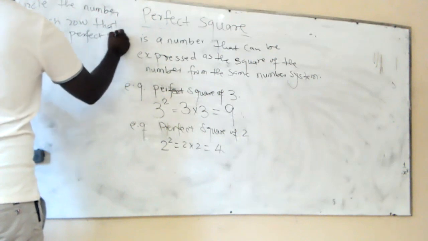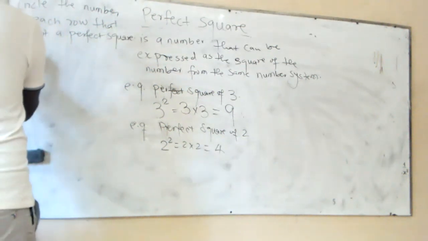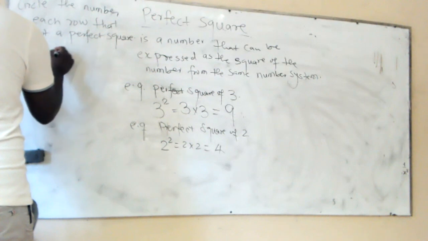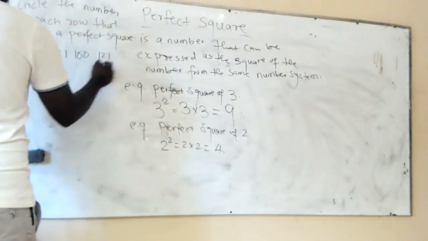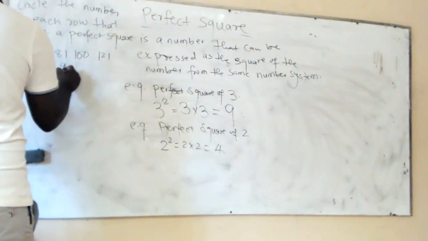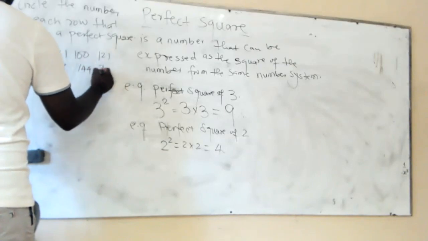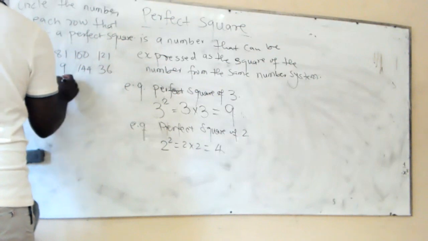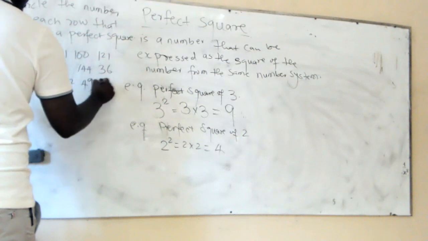So we need to circle those numbers which are not perfect squares. Let me give you the numbers. We have 3, 25, 81, 100, 121, 4, 12, 9, 144, 86, 1, 16, 27, 49, and then the last one is 64.